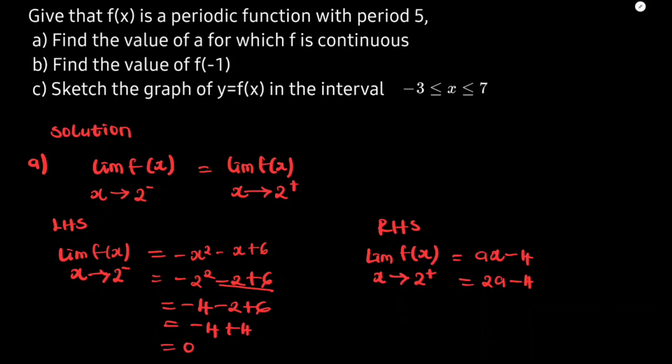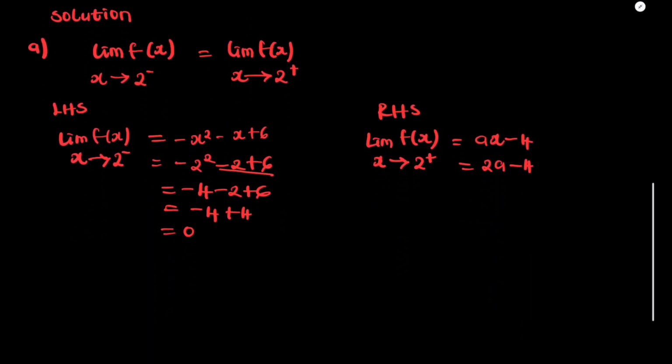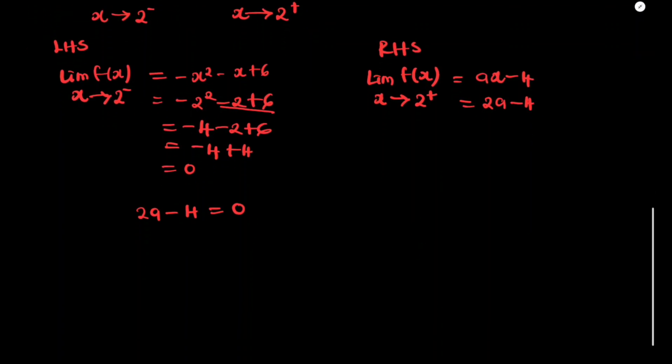For f to be continuous, the limit of f of x as x goes below 2 should be equal to the limit of f of x as x goes above 2. So we equate these two: 2a minus 4 equals 0. We are looking for the value of a, so we make a the subject of the formula.